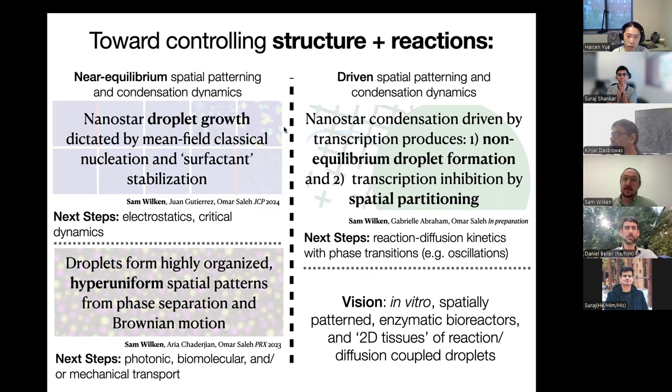Yeah, this is a good point. We're investigating things on scales that are typically much larger than the individual particle. And so I think where this anisotropic shape really comes in is in the nanoscale microstructure. It turns out not very much is known about the microscale structure of these droplets.